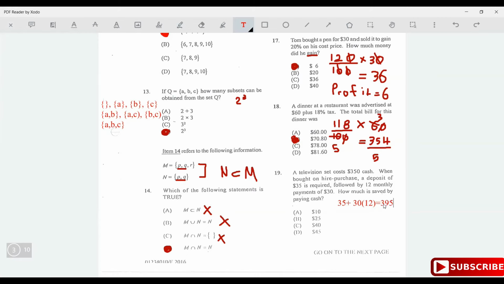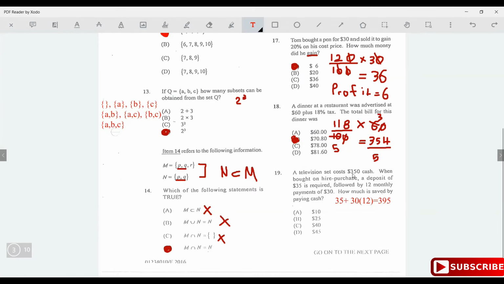All right, so that's what you pay on hire purchase. So if you buy it with cash, you save $45, because the 395 minus 350, that's just 45. So you save $45 by just paying for it regular with cash. So that's $45 savings, nice and easy.